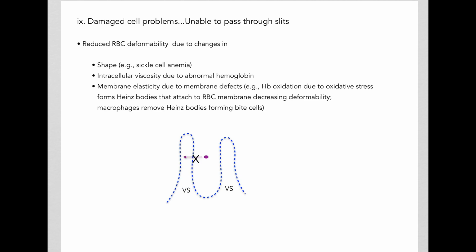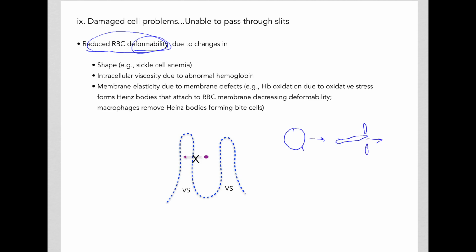The reason they cannot pass these slits is decreased red blood cell deformability. They cannot change their shape from spherical, which is impossible to enter the slit, into this almost flat-like shape so that they can go through the slit.